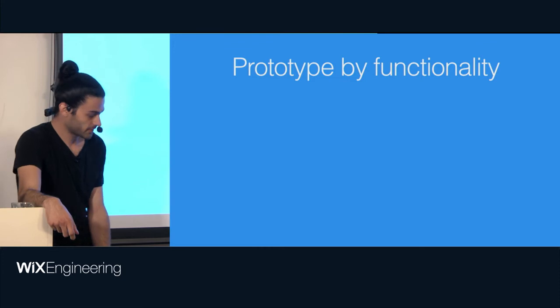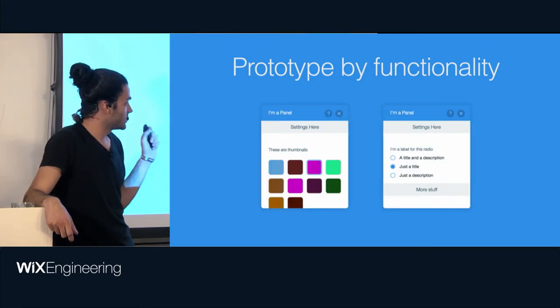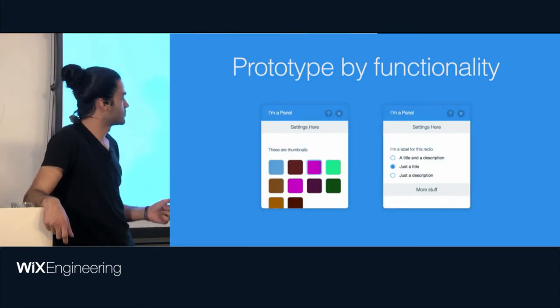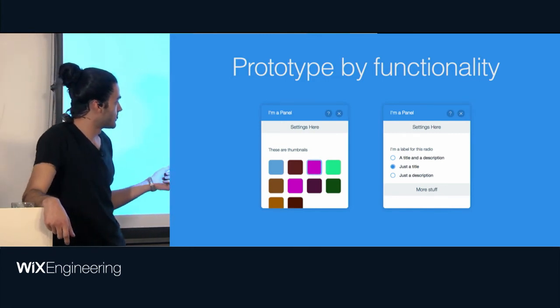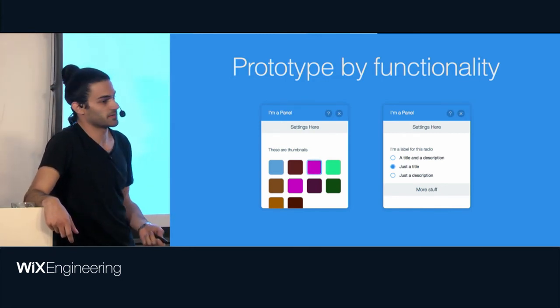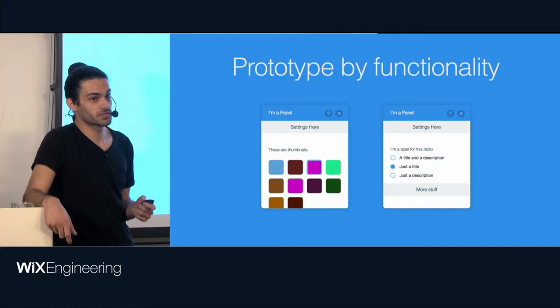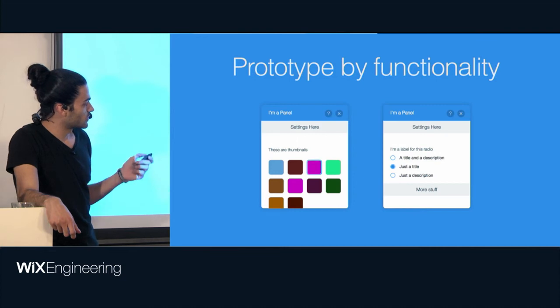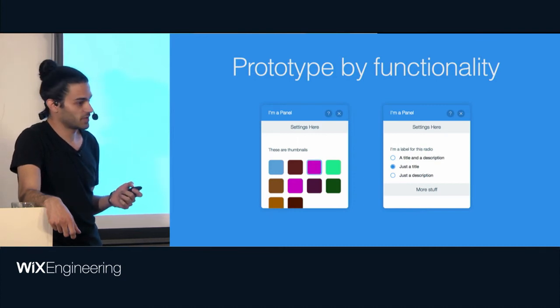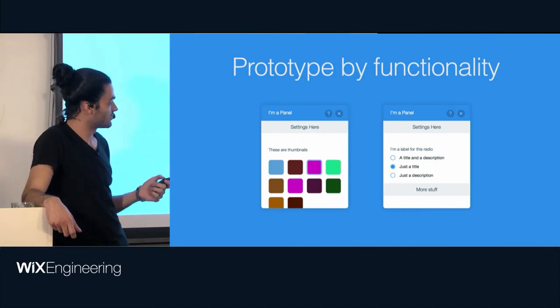Prototype by functionality. Can anyone see any similarity between these two components? On the left, we can see thumbnails, and on the right, we see radio buttons. They both support mutually exclusive input and modify those.